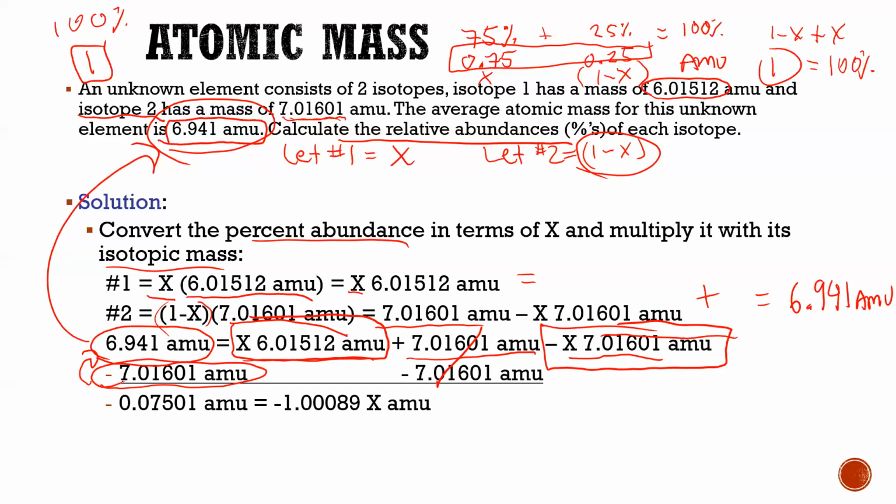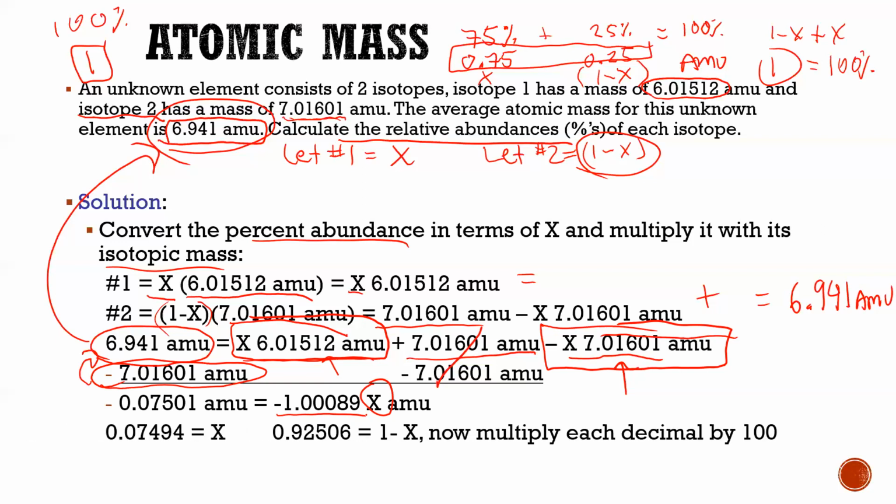And then I get a negative x because in terms of x, this was larger than this term. It's a simple fix. How do I solve for x? Divide both sides by the negative 1.00089, and I get that x is 0.07494.